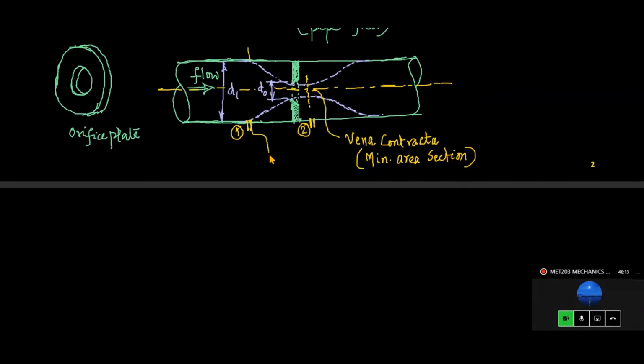You connect the limbs of the manometer. I'll draw a smaller one this time because of the space limitation. So this is what I want you to understand.